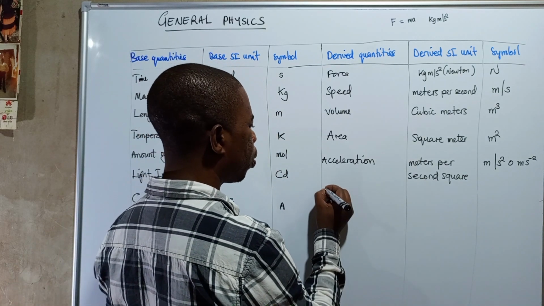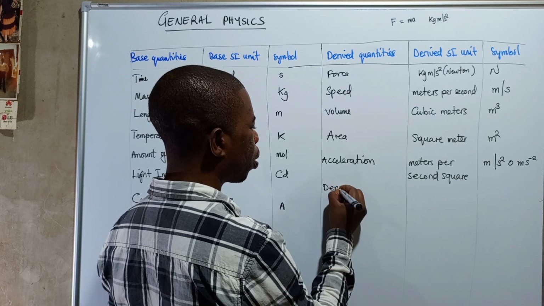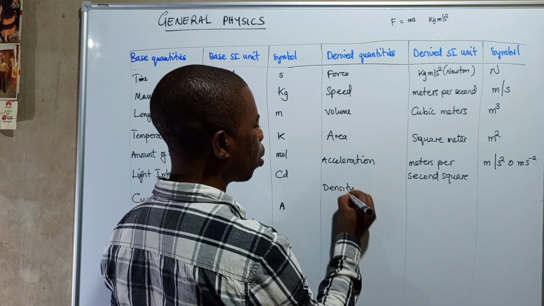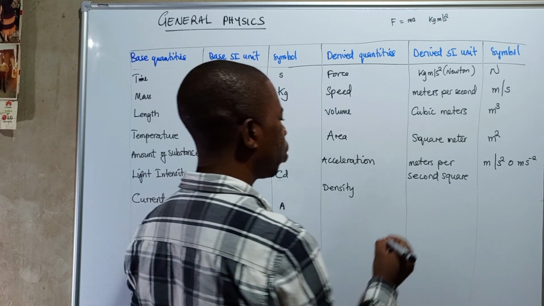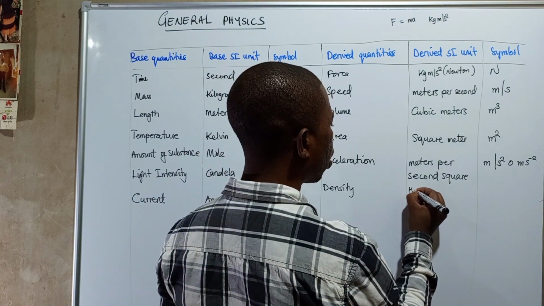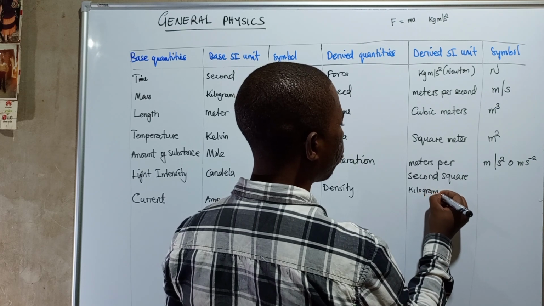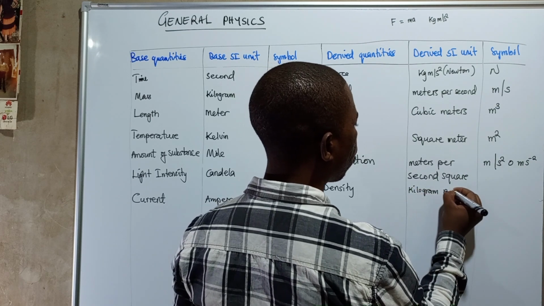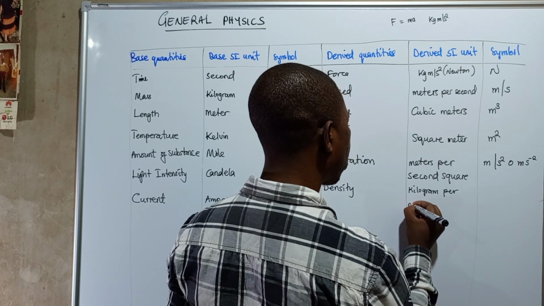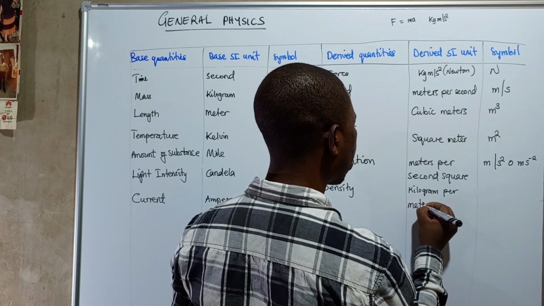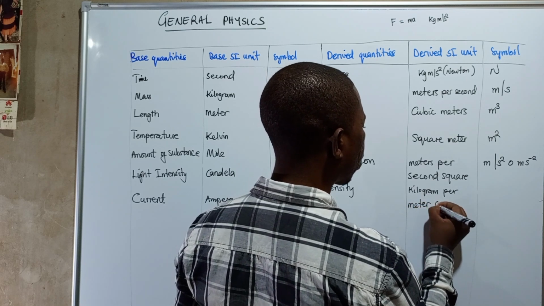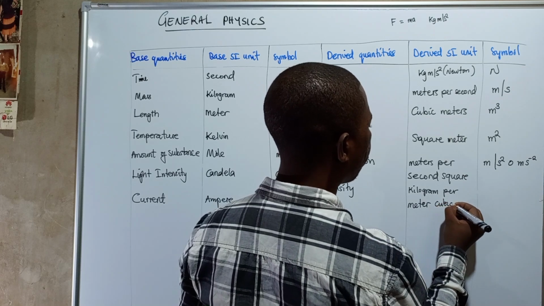Then we can also talk about density. Density is a derived quantity which is measured in kilogram per meter cubed.